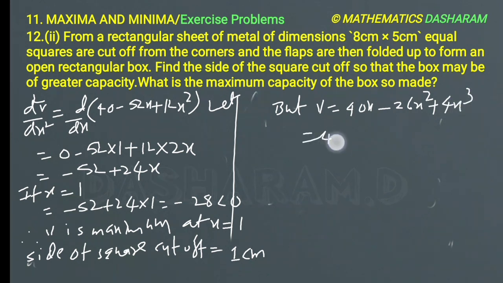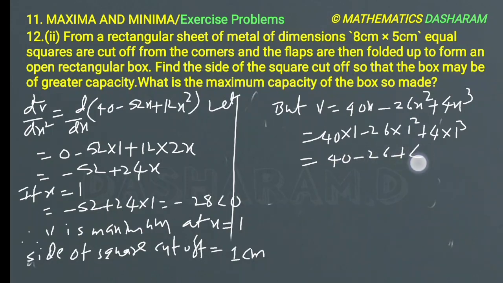So 40 into 1 minus 26 into 1 square plus 4 into 1 cube. So 40 minus 26 plus 4. So 44 minus 26, it is 18 centimeter cube.